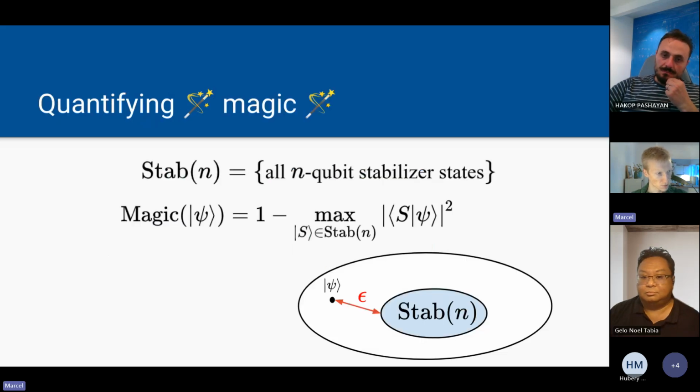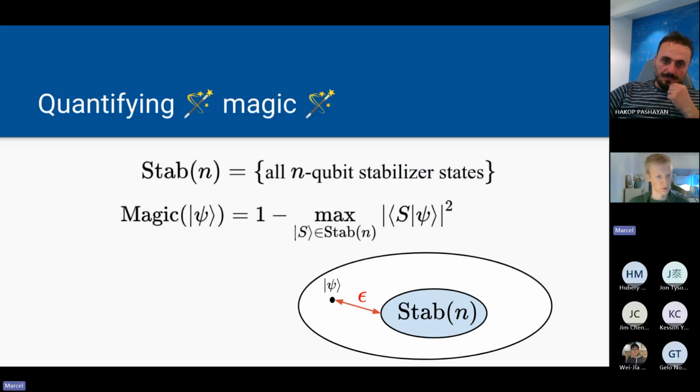And one way to quantify this resource of magic is through a geometric approach, where we look at the set of all n-qubit stabilizer states and define the magic of some other, arbitrary state psi as the distance to the set of stabilizer states, where distance here is measured with respect to fidelity.